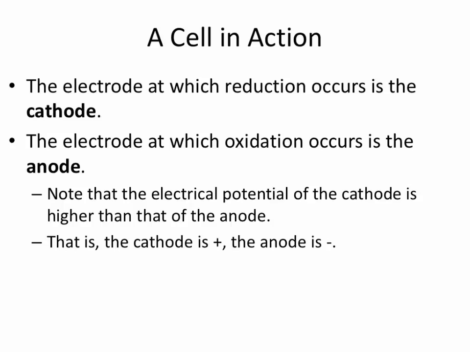Now you can remember this if you remember that a cation is positively charged, and an anion is negatively charged. So a cathode is positively charged, and anode is negatively charged, just like the cation and anion.